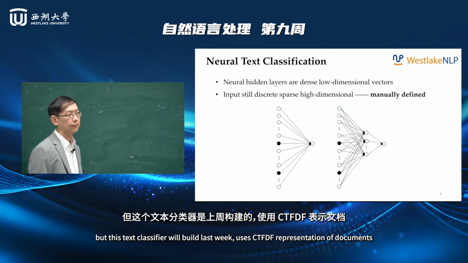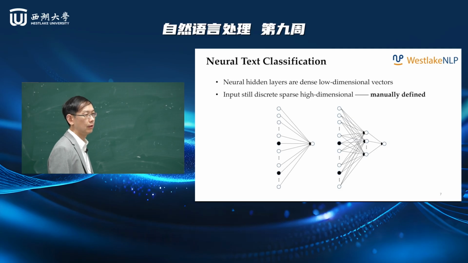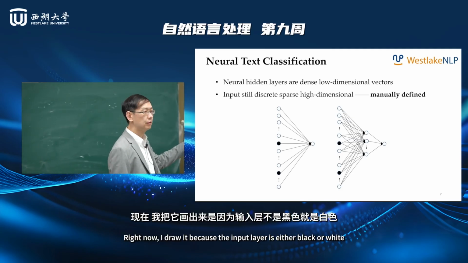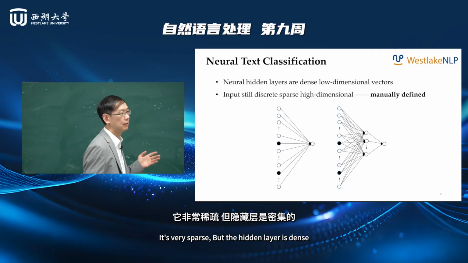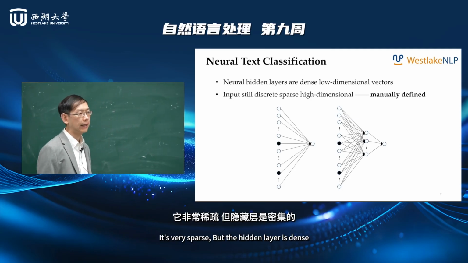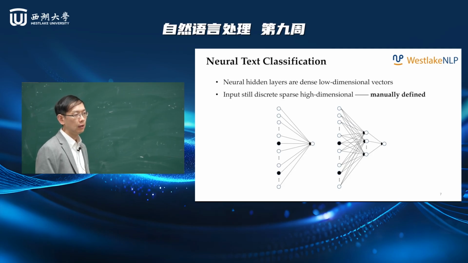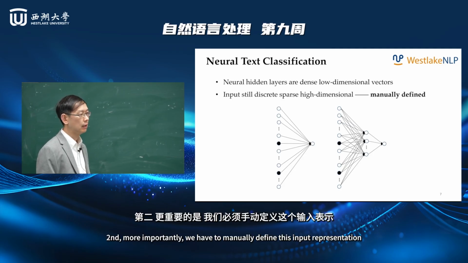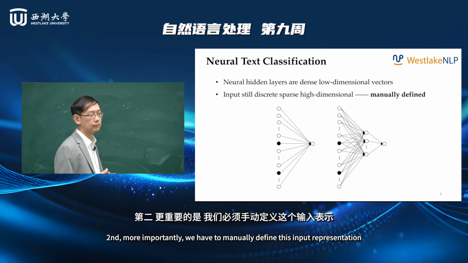That difference is significant because, first of all, the input layer and the hidden layers don't look similar. I draw it because the input layer is either black or white. It's very sparse. But the hidden layer is dense. Every neuron has a real value.